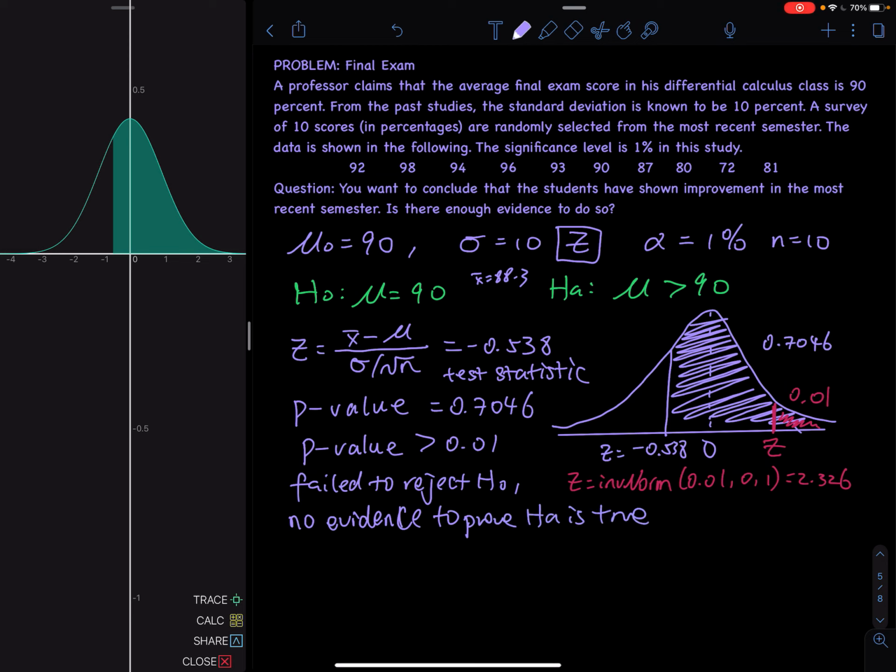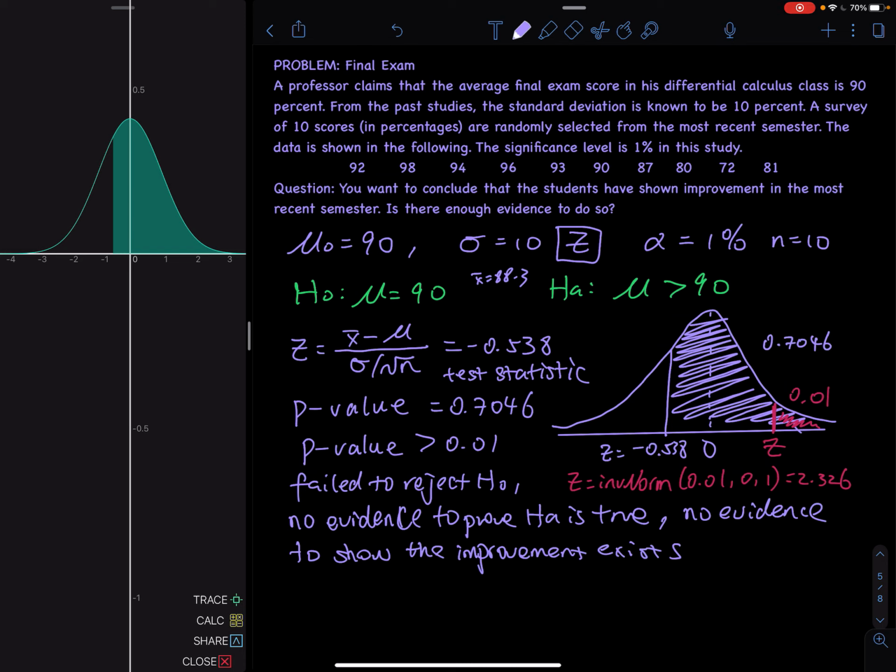That means no evidence to prove that there is an improvement. So no evidence to show that the improvement exists.